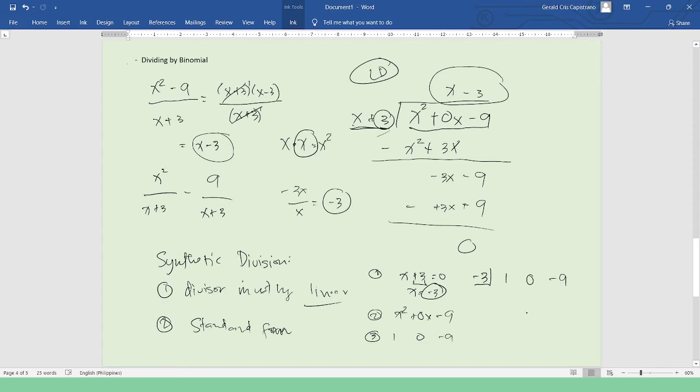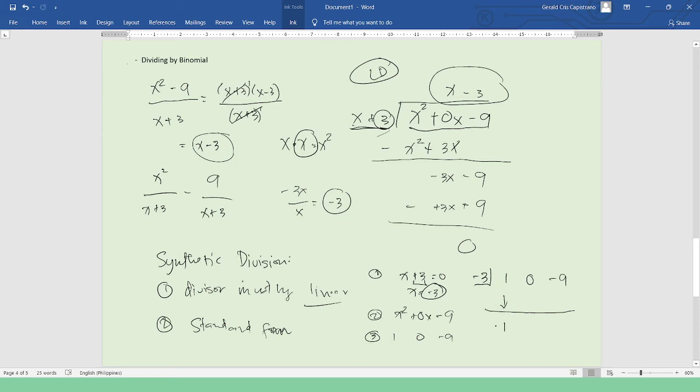Then, sulat ka lang ng line dito sa baba. So, ano ang gagawin dito? Sir, ano na naman kung meron dyan? So, ganito yung gagawin. Kung maka-arrange ng maayos yung iyong mga numbers, hindi ka magkakaroon ng problema dito. First, bring down. So, magkakaroon ka ng 1.